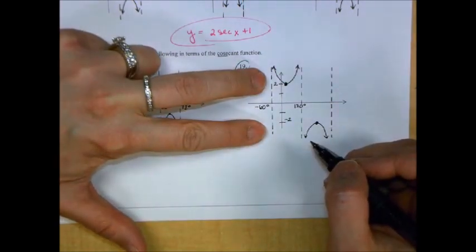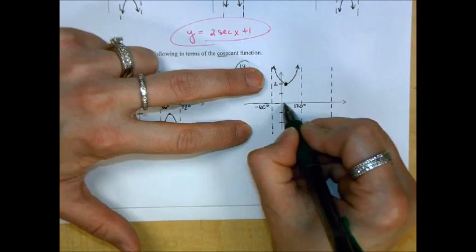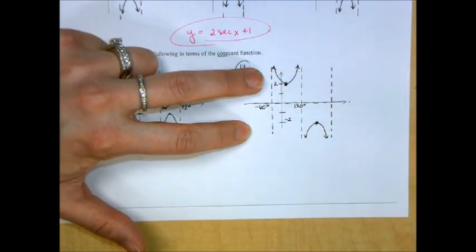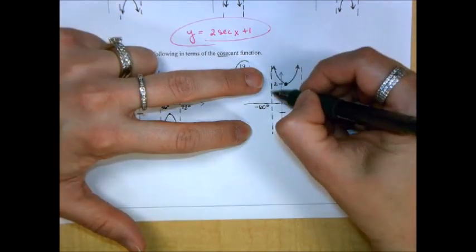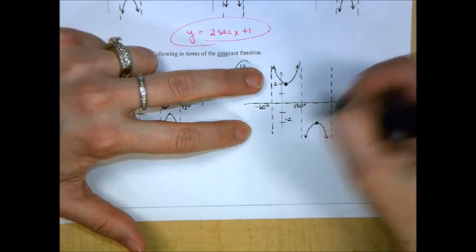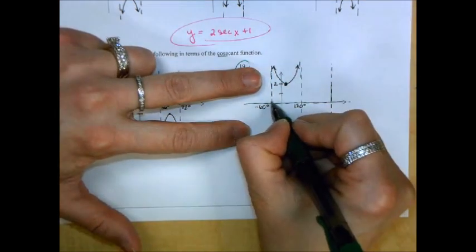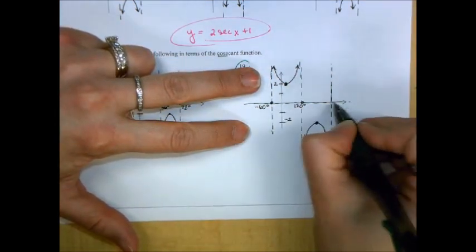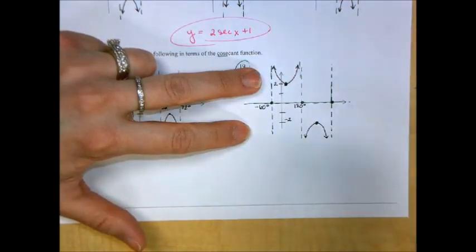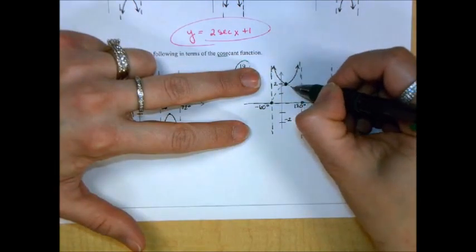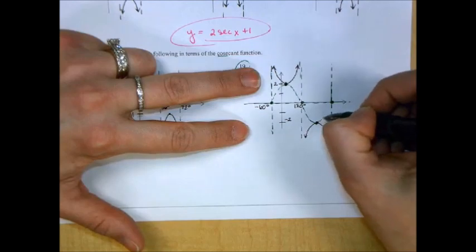So right where the x-axis and the vertical asymptotes meet, that would be my other 3 points for sine. So you can see the sine curve in here, if that helps you. So notice it's a positive sine curve, so this is a positive cosecant curve.